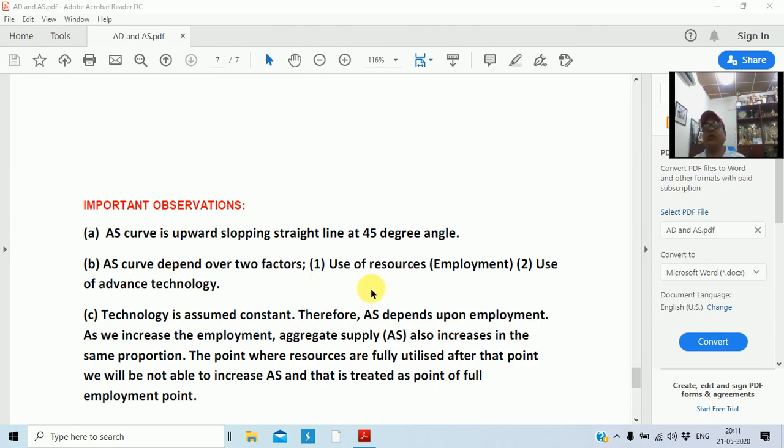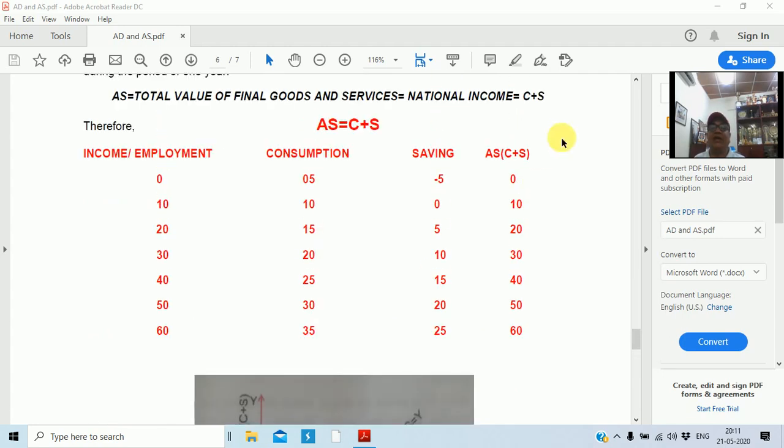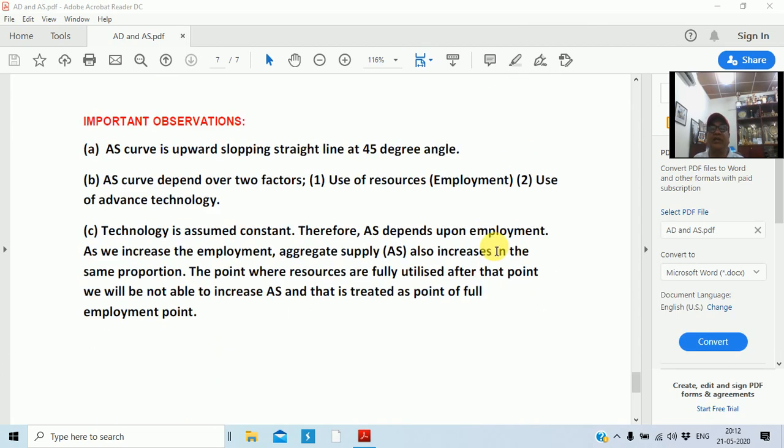It means if you have to increase the aggregate supply, you will also have to increase employment. The more employment you increase, the more resources you increase, the more the aggregate supply will increase. So as you increase the resources, the aggregate supply is also going to increase in the same proportion.